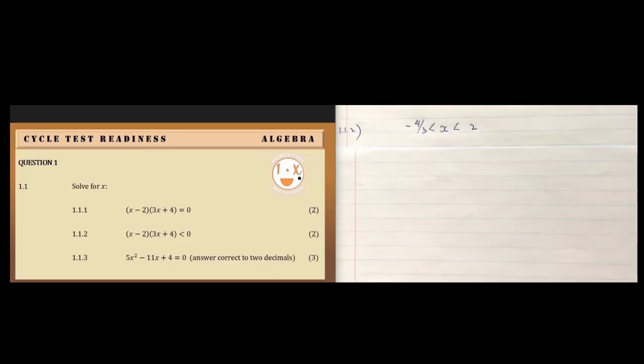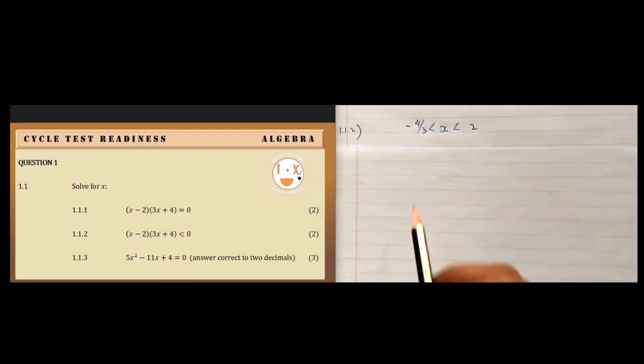Right, then what about this one? So here I also went straight into this solution without going into a lot of processes. Remember the previous question is exactly the same as this one, 1.1.2.